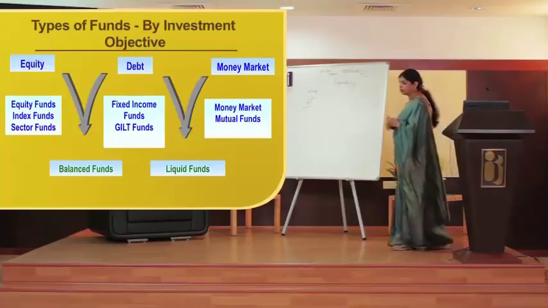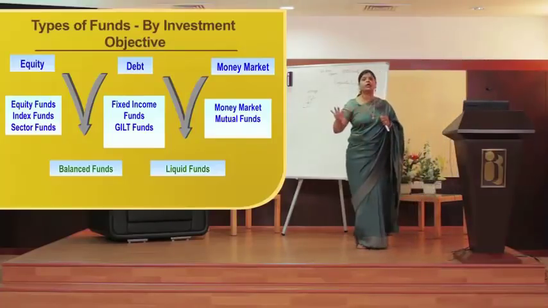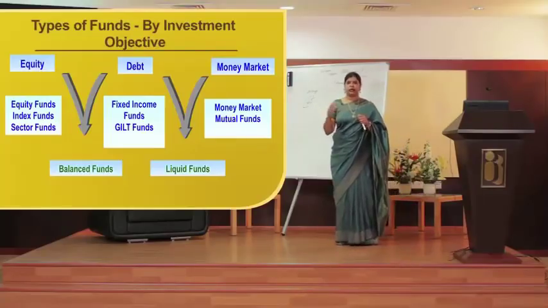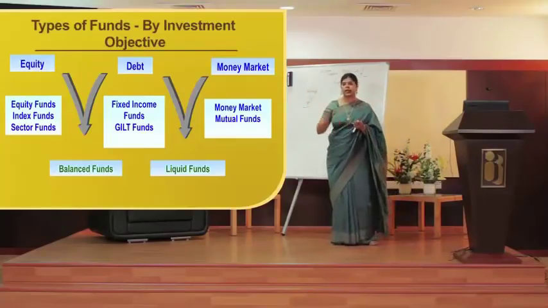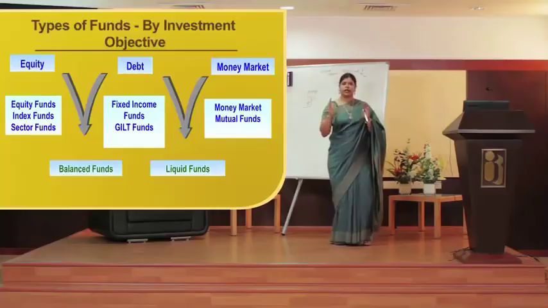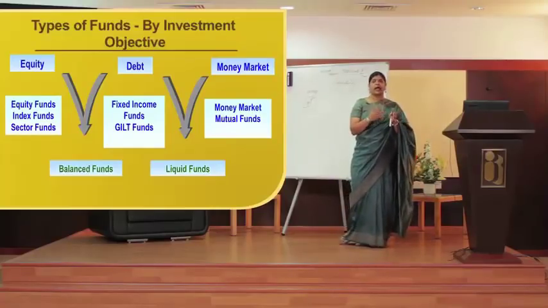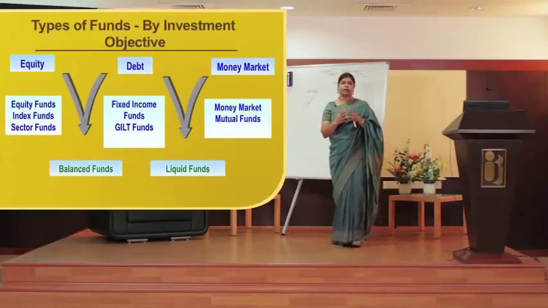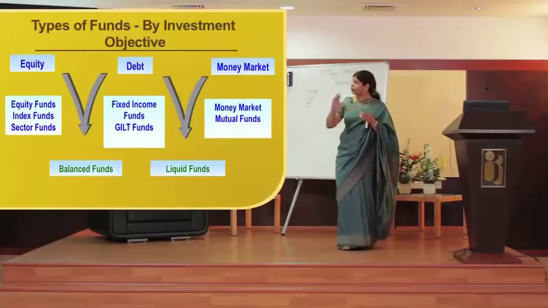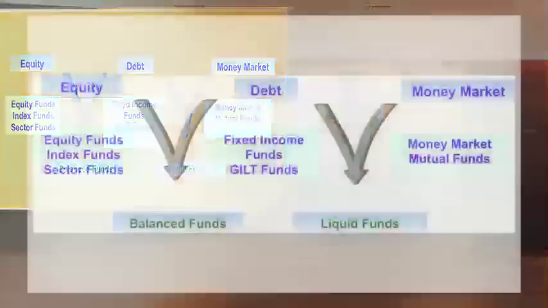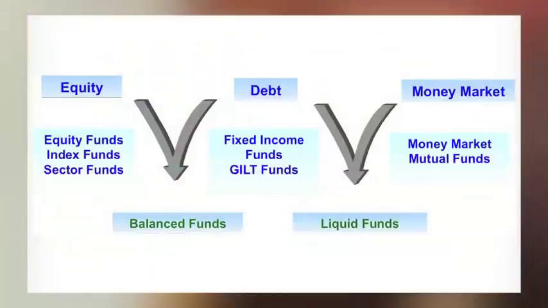In a debt fund, the allocation is more towards debt instruments, right? Why? Because, as I said, of the risk appetite. In case of equity, yes, the risk is pretty high, and that's the reason there might be a set of people who will not be that comfortable investing in equity.